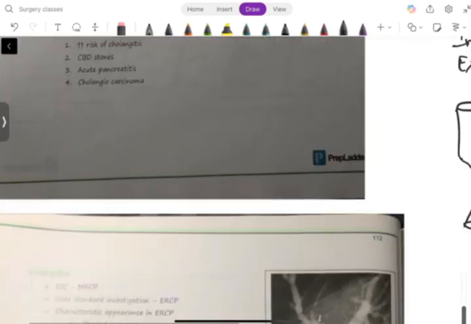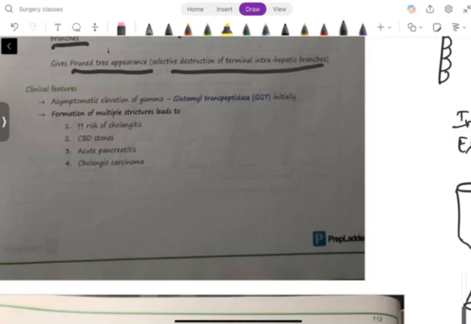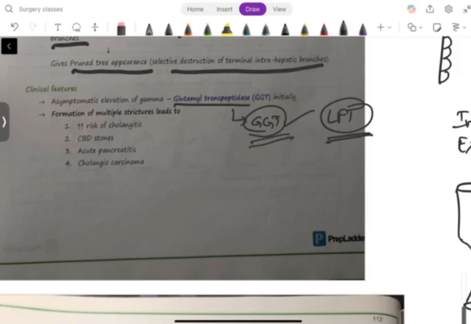Since these cholangiocytes are damaged, they release an enzyme called GGT, gamma glutamyl transpeptidase. We come to know this while doing LFT, the liver function test: if there is elevated GGT, that indicates something is wrong with the cholangiocytes.